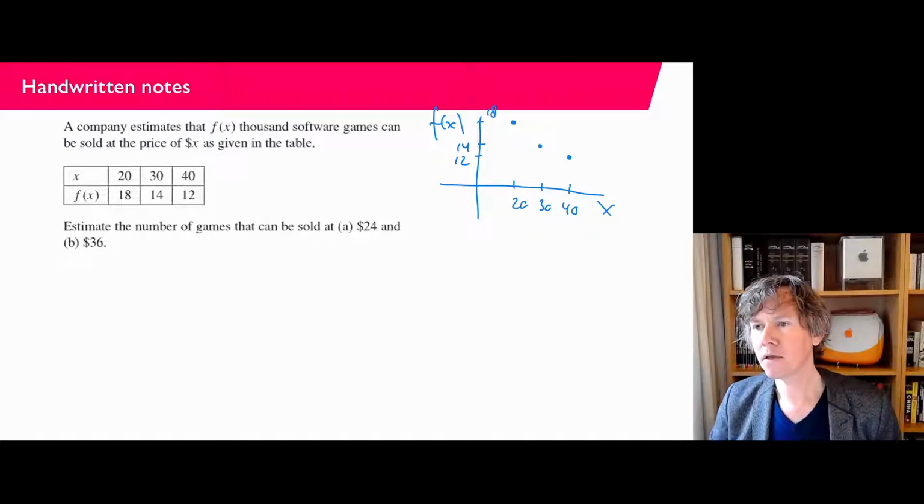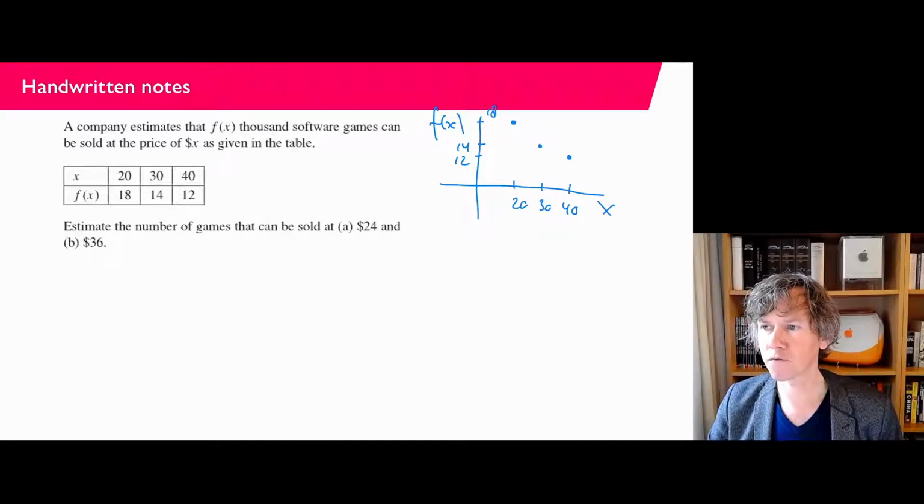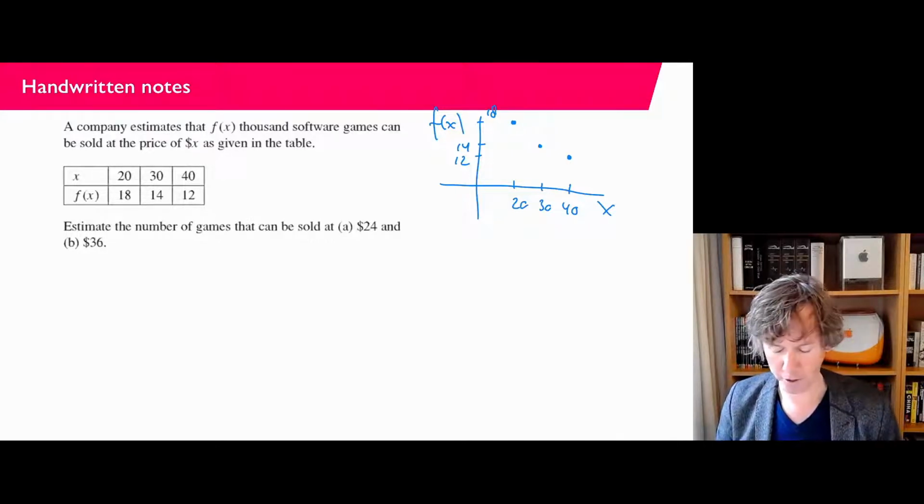Now, the main idea is that we are going to do a bit better than just using one of these 3 values or taking the average or whatever. What we are going to do is connect those points using straight lines. So linear interpolation, if you like.